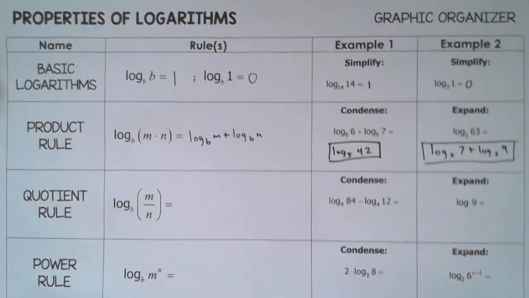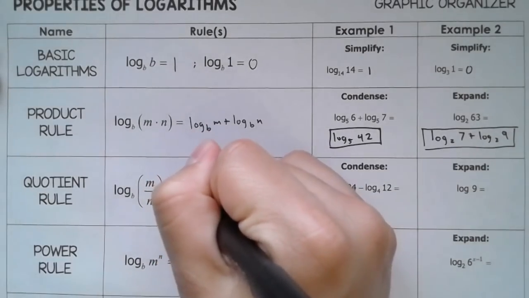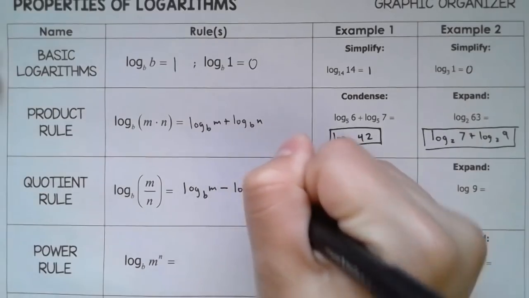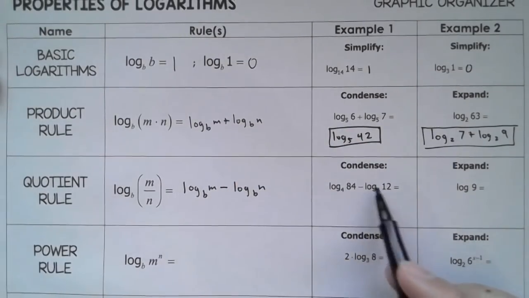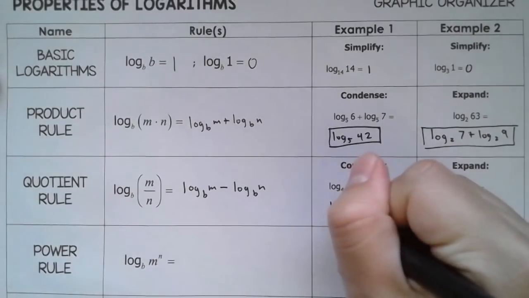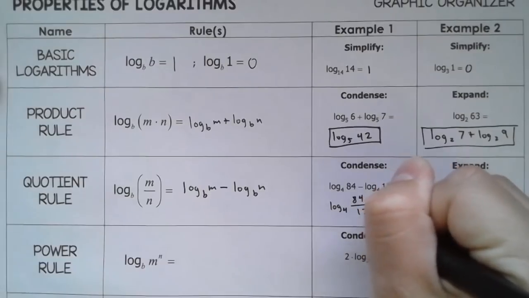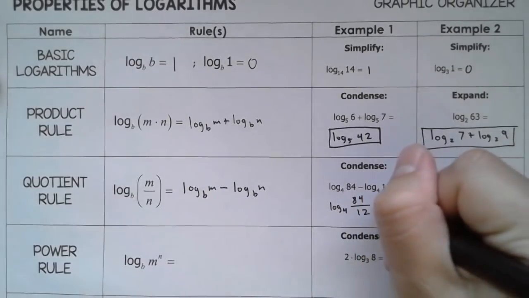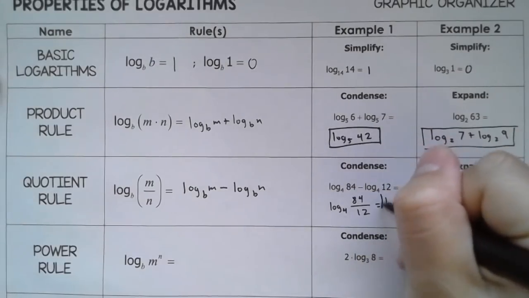The next one is the quotient rule. This one is quotient to division, so log base b of m minus log base b of n. And right here I can rewrite this as log base 4 of 84 over 12, and 84 over 12 is 7, so log base 4 of 7.